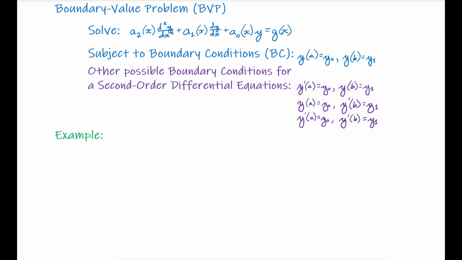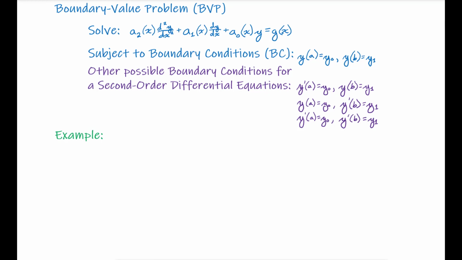Since it's a boundary value problem, these will look like using a as some x value. So we'll know y of a equals y naught. And then some other x value, b, will give us y of b is y1. Now a and b are looked at as the ends of an interval.